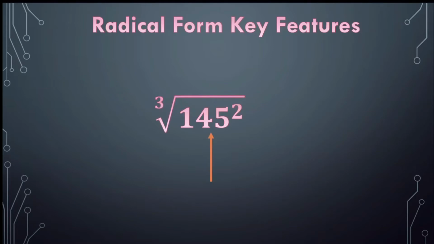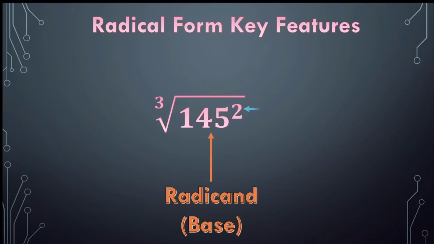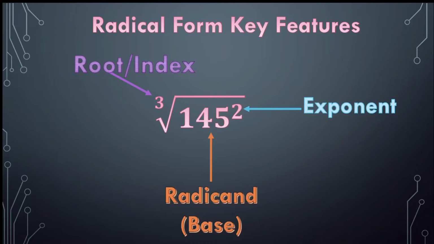Here I still have my base, but now it's called a radicand because it's inside my radical. This is still the exponent, that was the numerator of my fraction. And then here is my root, my index. What sits right there inside, you want to call it a check mark, that's the root. That's how many times something happened, how many times it was multiplied.